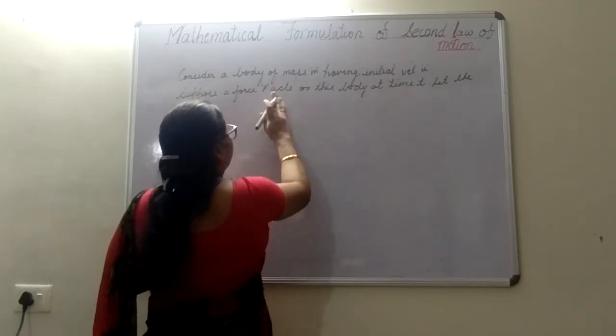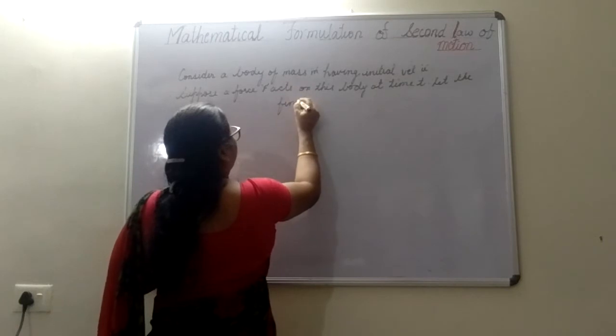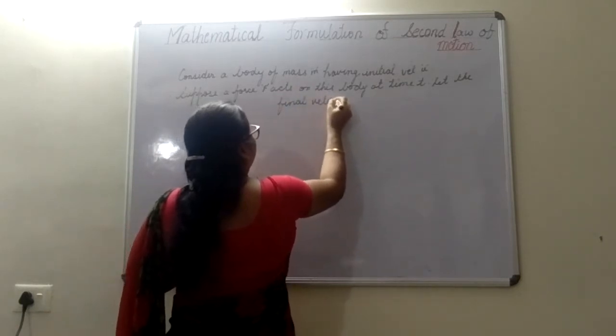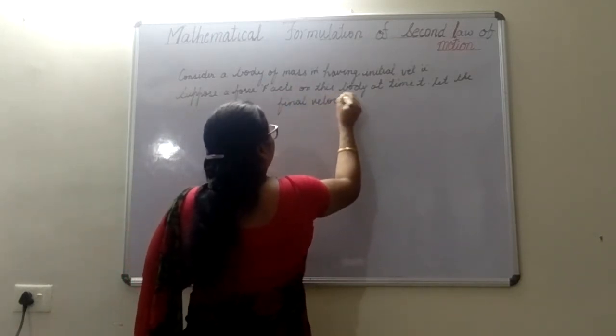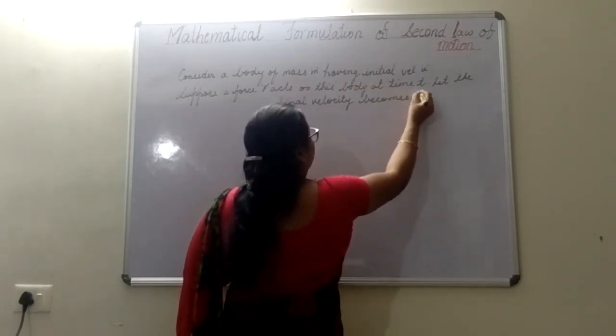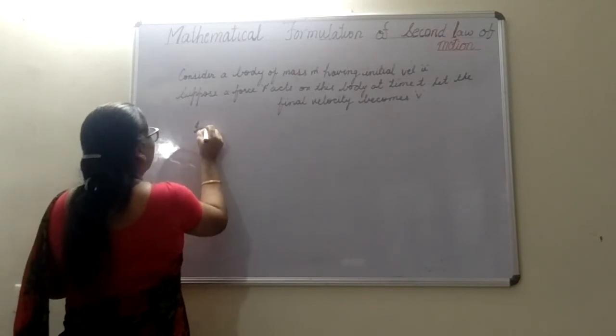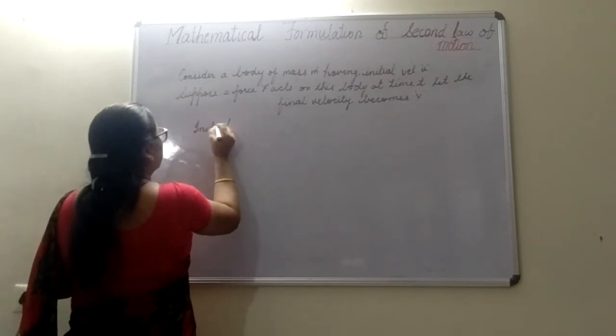Let the final velocity become v. Okay, so first we will write the initial momentum.